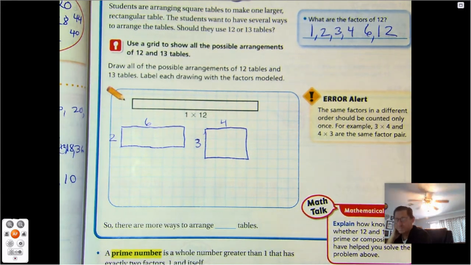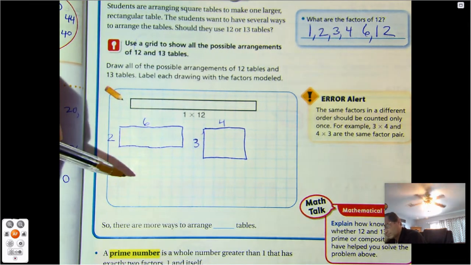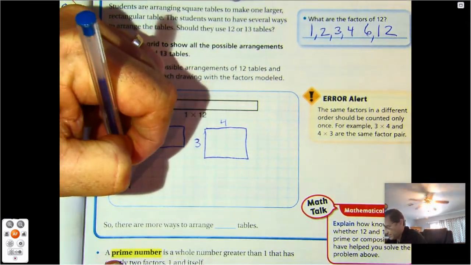Now let's do 13. Well, okay, so we know 1 row of 13 would work.